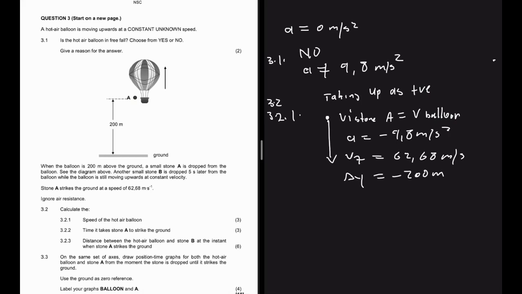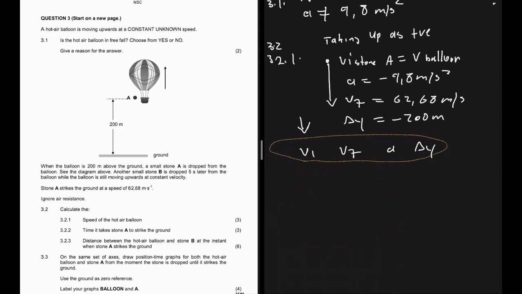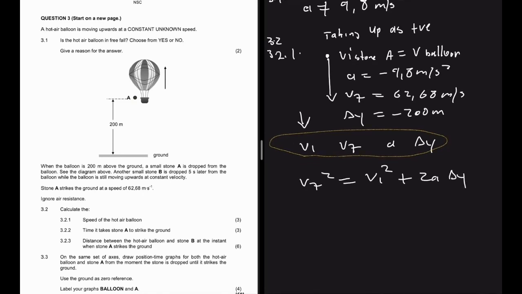Again, I'm saying minus 200 because we're taking up as positive. So which formula has VI, VF, A, and delta Y? Because if we can find a formula with these four variables, then we're going to be able to calculate VI of the balloon. So the formula that has those four variables is VF squared equals VI squared plus 2A delta Y. What is VF?